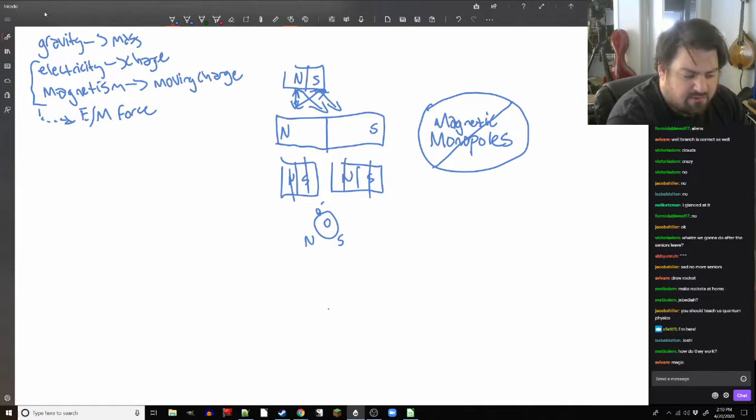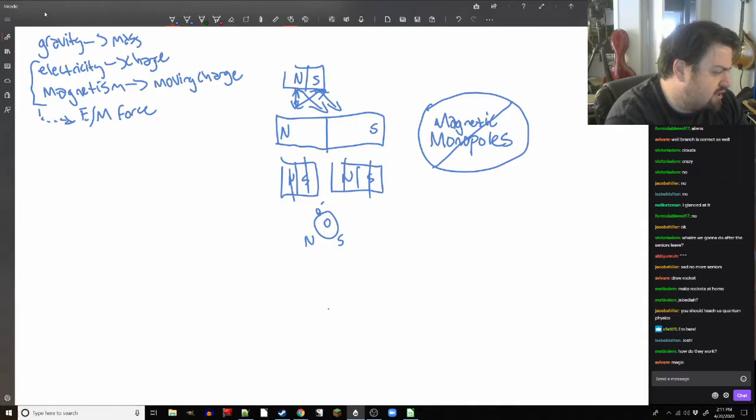It's totally possible that some weird particle we've never seen before has the property that it is just like a north pole of a magnet. But it has never been observed in nature. It's become one of the rules of magnetism that it's not that you can't have them, but you just don't have them. It's pretty odd. One of the big mysteries is why there are no magnetic monopoles.